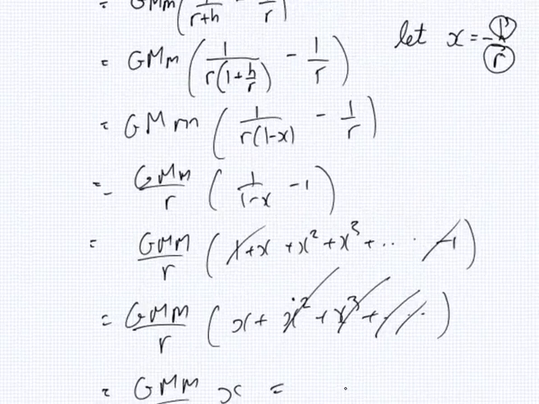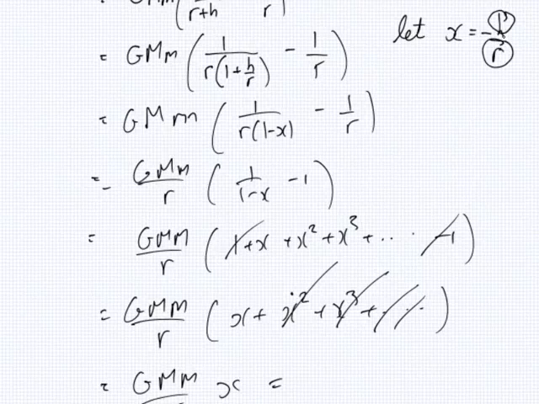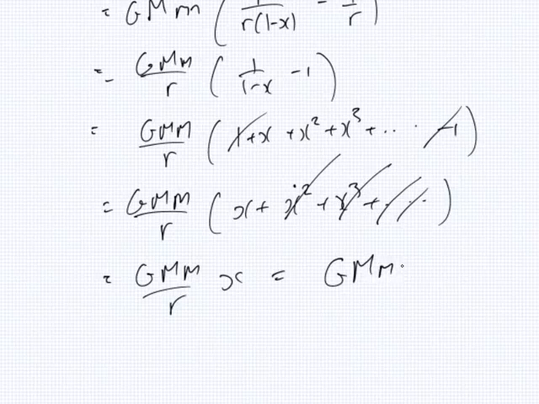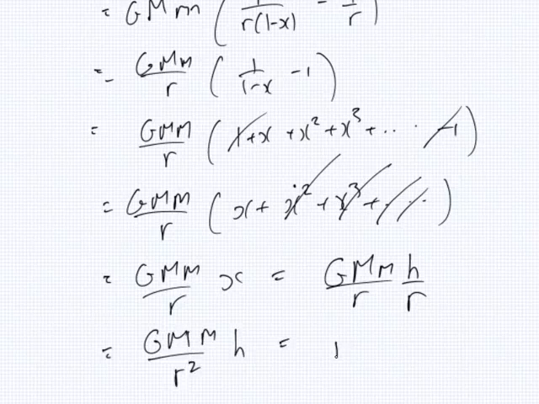We said the x is minus h over r. We won't worry too much about the minus, so that's GMm over r, h over r, which is GMm over r squared, h, which is GM over r squared, h.